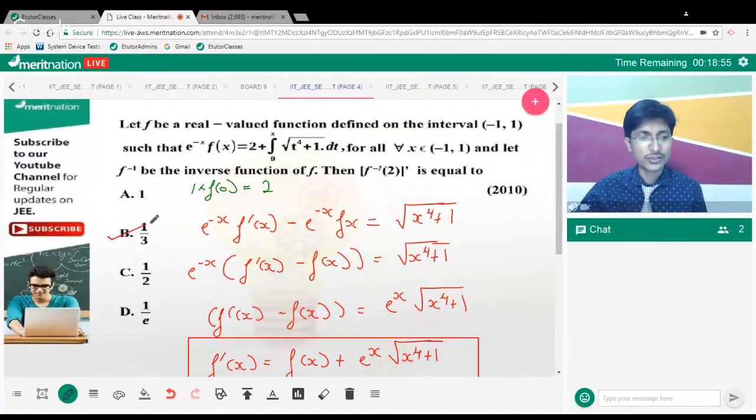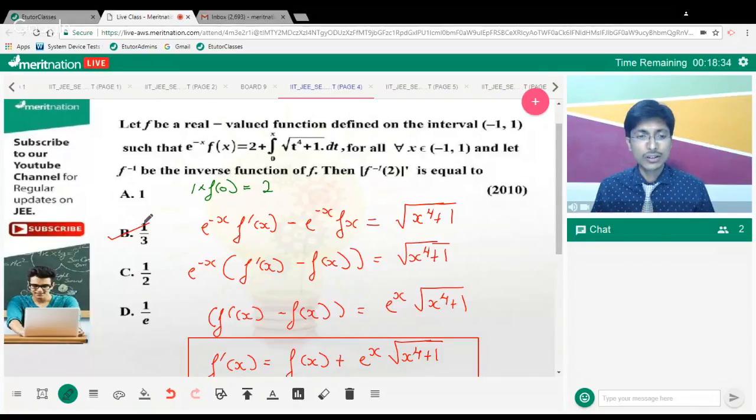And we have the option with us. That's 1 by 3. So I believe, guys, it looked like a difficult question at first instant. But if you go step by step using the concept of composition, that what exactly do I need to send as input into the f inverse so that I get 2 as the output.